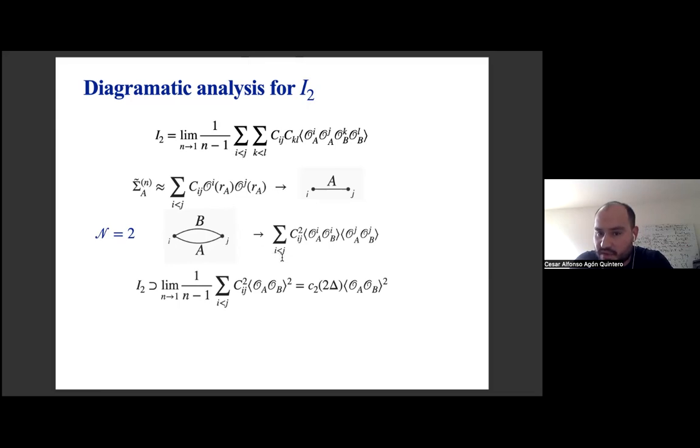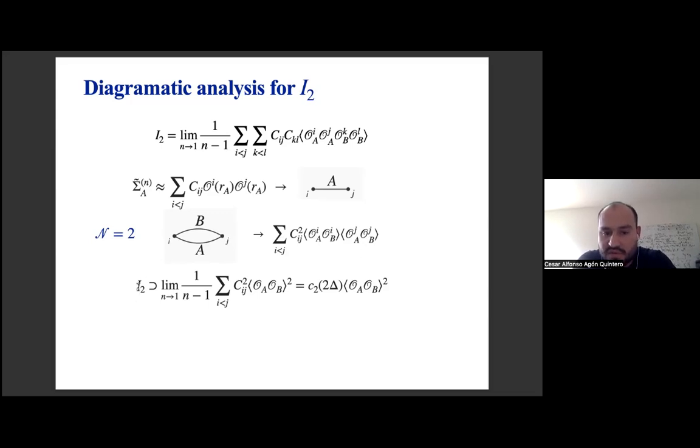The other piece of information I haven't mentioned is that on each index, the number of lines tells us the order of the correlator. So here we have a 2-point function in the index i, and another 2-point function in the index j. This translates into this formula. We will do this multiple times, so you will get used to this type of analysis.